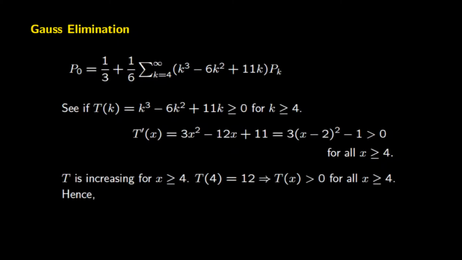In other words, the polynomial part is always greater than or equal to 12. Since the probabilities pk can be 0, the summation part is at least guaranteed to be non-negative. Thus p0 is greater than or equal to 1/3.